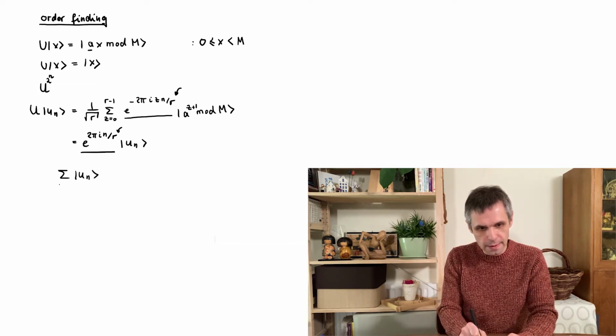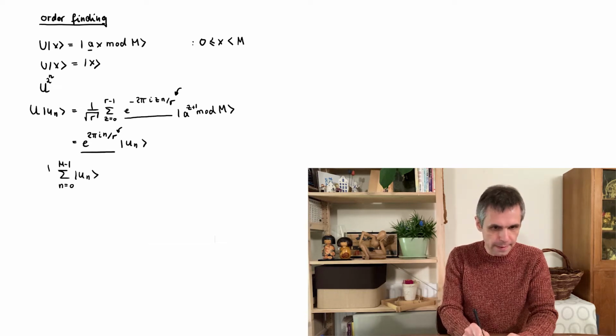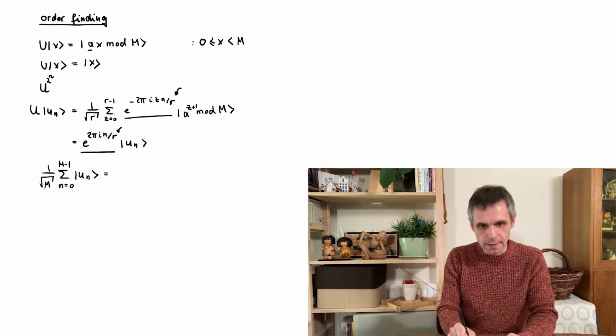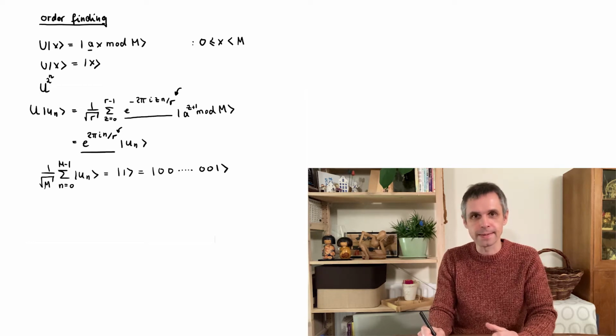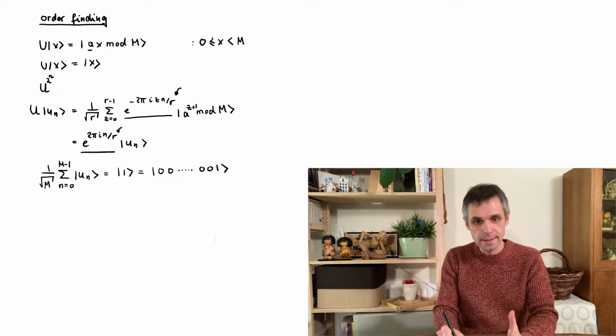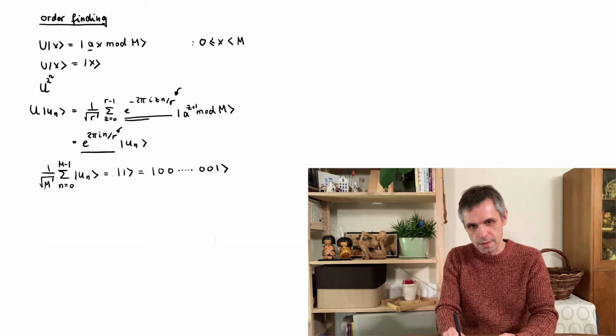So when we add them all up with equal weights, then we obtain the computational basis state 1. So this is a state in which all the quantum bits are in the state 0, with the exception of the last one, which is in the state 1. And this again comes from these complex factors here.